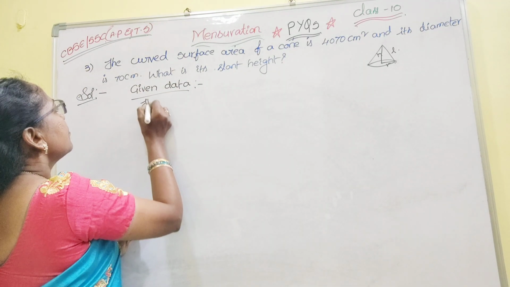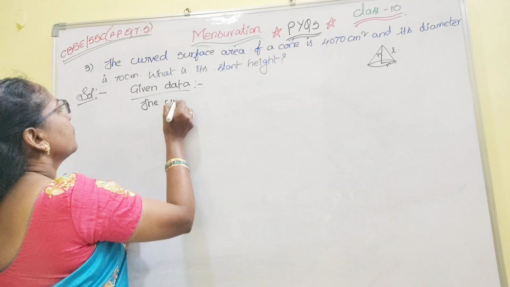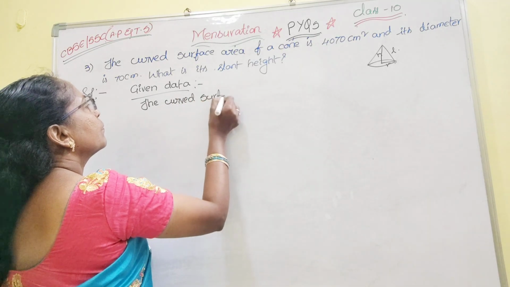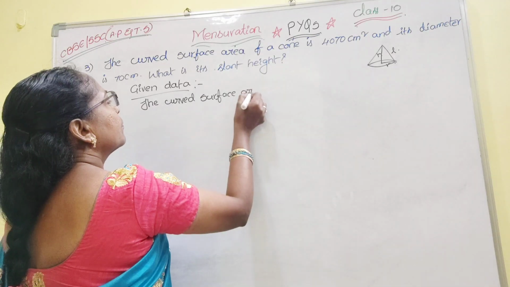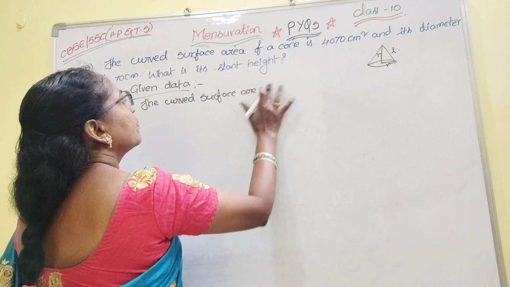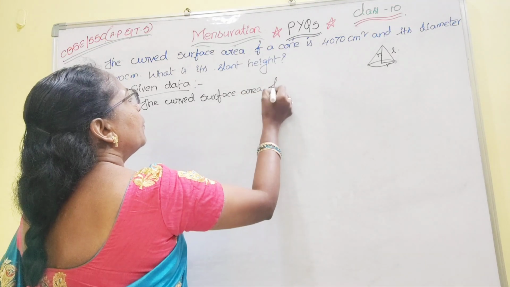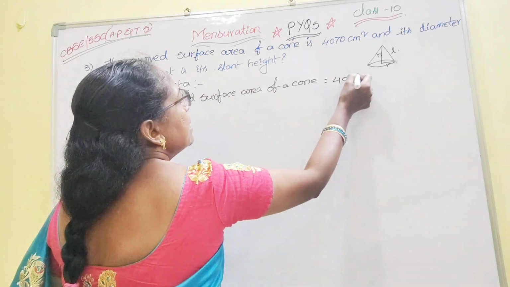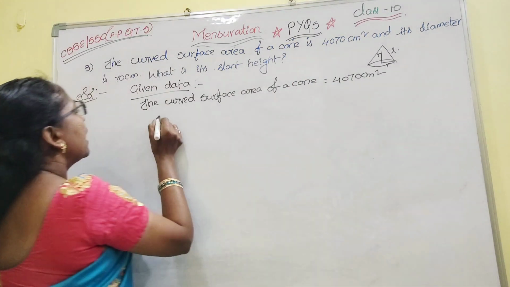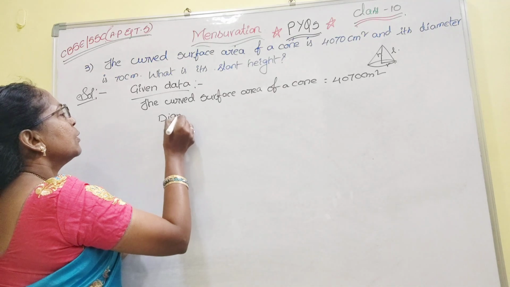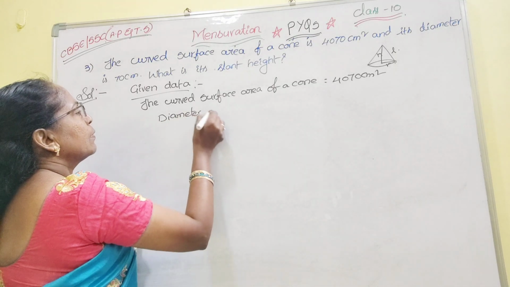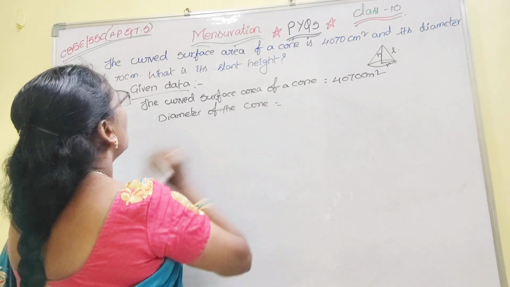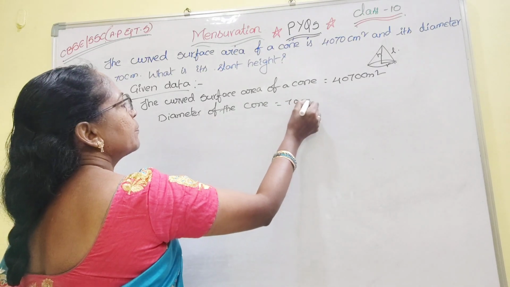The curved surface area of a cone equals 4070 centimeter square and its diameter, that means the diameter of the cone, equals 70 centimeters.